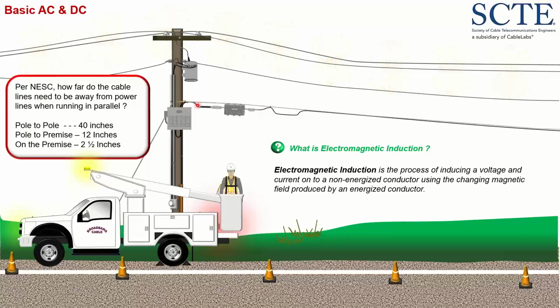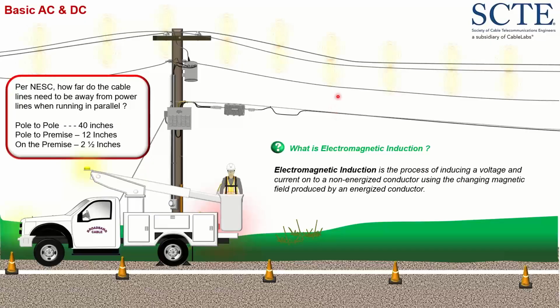So if I take my cable line here and I move it up too close to the power lines, and I get within the changing magnetic field of the power lines, that changing magnetic field going north pole, south pole across my strand and my aluminum will actually cause the electrons in my strand and my aluminum to start to move, and I will actually energize my cable plant because of the magnetic field that is being produced by the power lines.